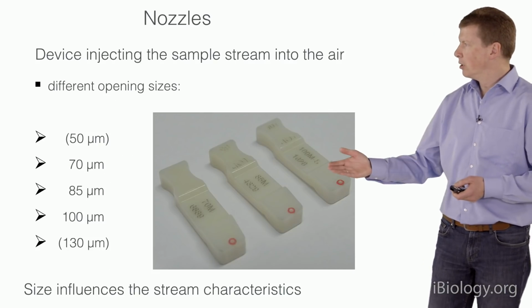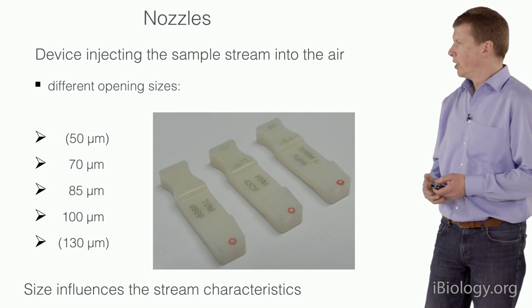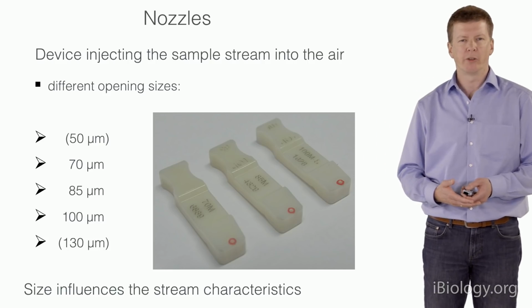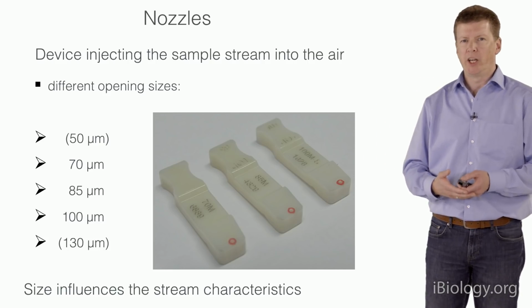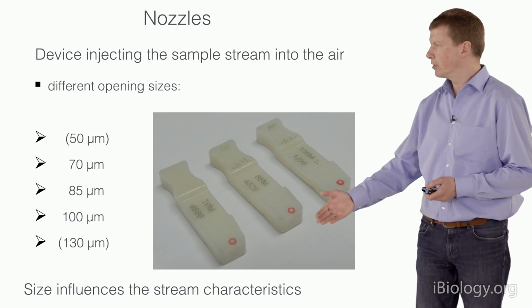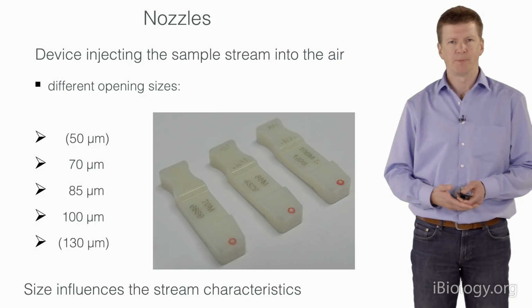This is how modern nozzles look. Here we have this orifice coming in different diameters, ranging from 50 to 130 micrometers. And for sure, the size of this diameter then influences our stream characteristics very much.